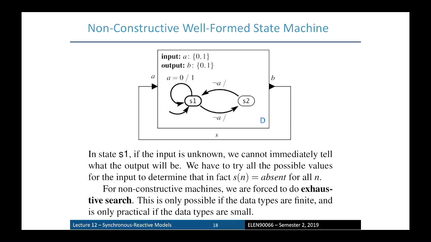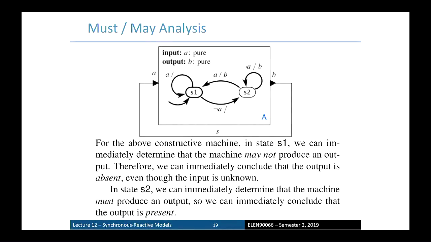This is called must-may analysis. So this is a constructive machine here. What we can do, and I was alluding to this before, is look at the structure and know that it's going to be well-formed.